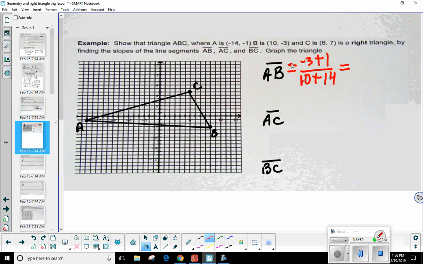Right? So far, so good. So that's the slope for AB. Okay, negative 1/12, I'd agree.